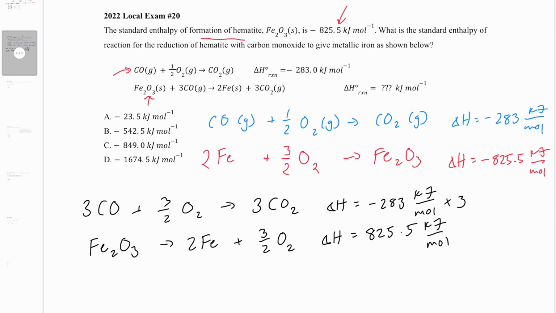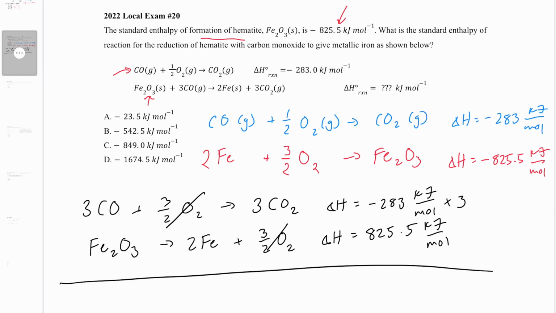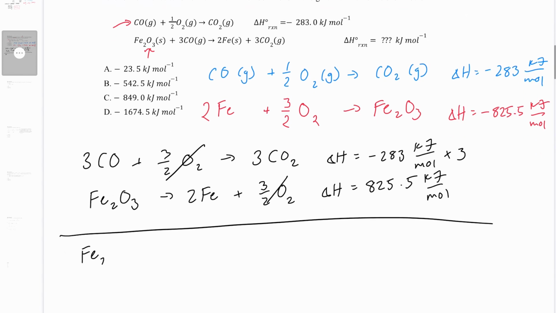And so if you crossed out everything and got your final reaction, you'd realize that it's Fe2O3 reacting with 3 carbon monoxide to yield 2 iron atoms and 3 carbon dioxide molecules, which is the exact reaction that we want. And so all that there's left to do is work out the math.